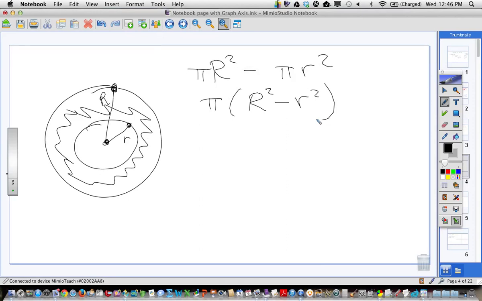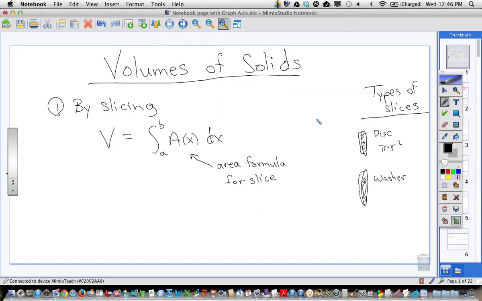Remember, the radius is going to be a strip. It's either going to be a horizontal or vertical strip. So we're going to do top minus bottom or right minus left to get that. Okay? All right, so back to our other notes here. So our area of a washer is going to be pi, parentheses, and then big R squared minus little r squared. So you can see we have to determine what type of slice is created in our solid.